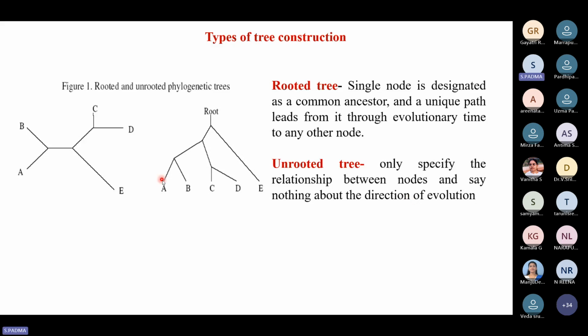One is a rooted tree, and the other type is called an unrooted tree. If you observe the two types of trees here, this particular tree is a rooted tree and this is an unrooted tree. What observation are you making from these two types of trees?